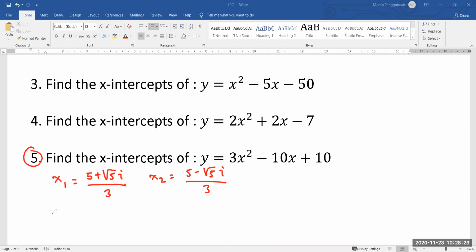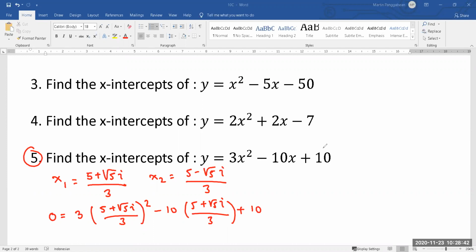So actually I have to prove that 0 equals 3. Let me use the first one: 5 plus square root of 5i over 3, squared, minus 10 times 5 plus square root of 5i over 3, plus 10. That's just to help you with the homework. You just need to find whether the right member is equal to 0 also.